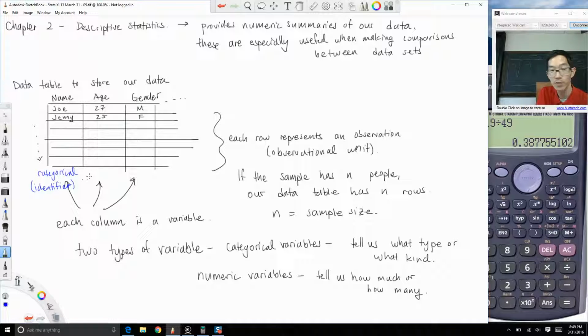An identifier would be a variable that is unique to that row. Age would be numeric, telling us how many years this person has been alive. And gender would be categorical.